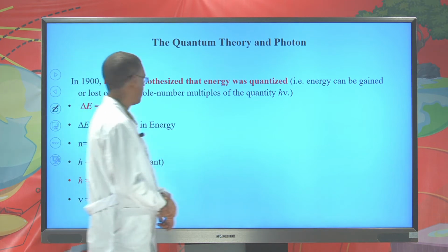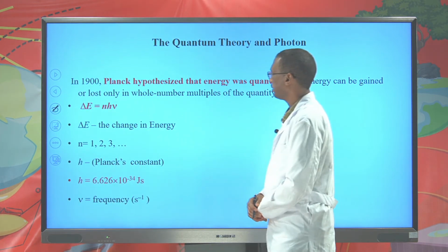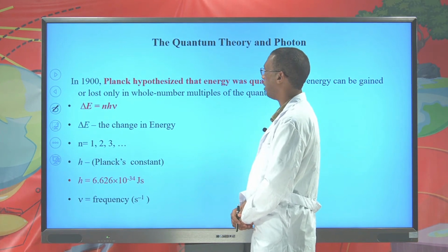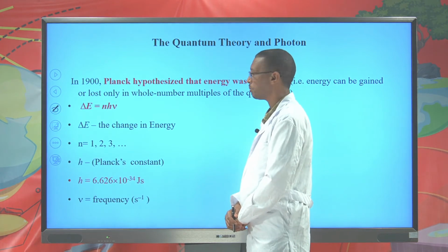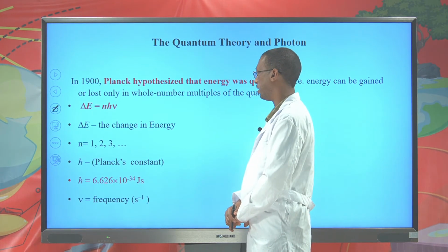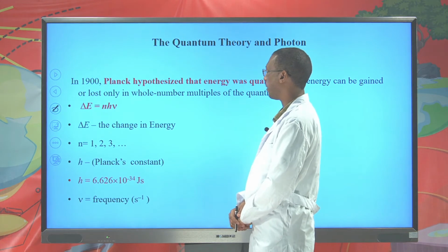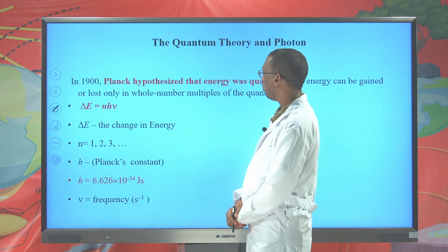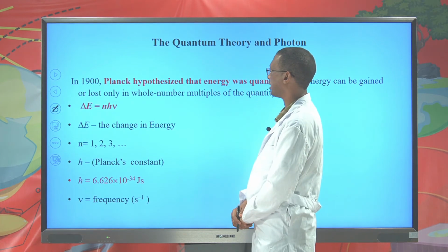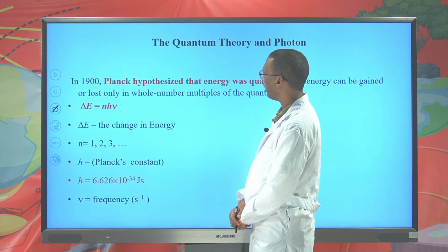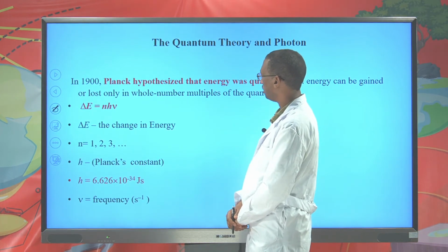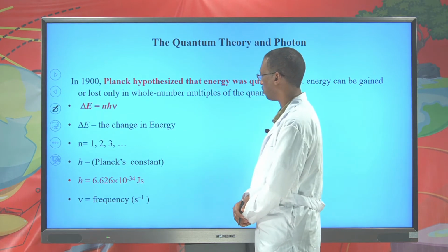So the change in energy is equal to n times h times nu. n means the quantum number, which is an integer. h means Planck's constant, and nu is the frequency in per second. So we can calculate the change in energy using this formula.